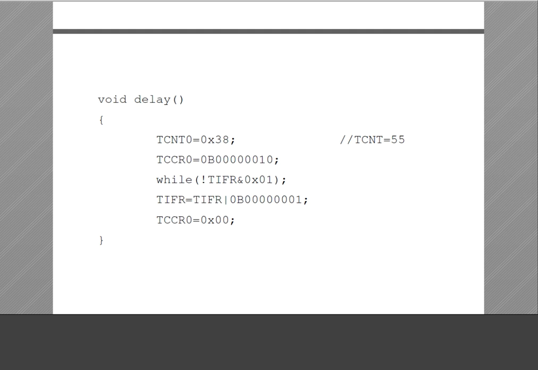For calculating in decimal, that means 48 plus 8, which is 56.